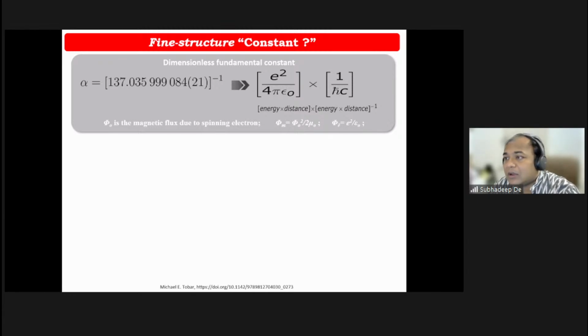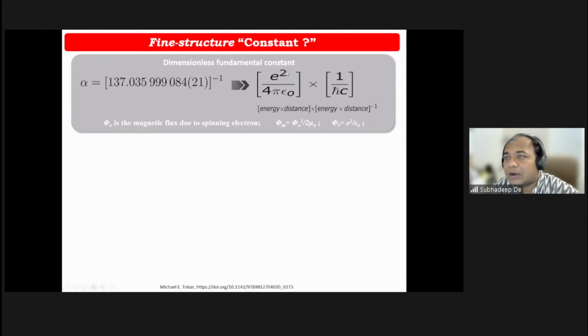Okay, now let me focus on atomic clocks, how they can be used for alpha variation measurements in a more detailed way. Alpha, I already told you, is like 1 over 137 point several digits. People have measured this value of alpha very accurately through different experiments, and these values are given in the CODATA, international CODATA. The important part is that alpha can be written in two parts.